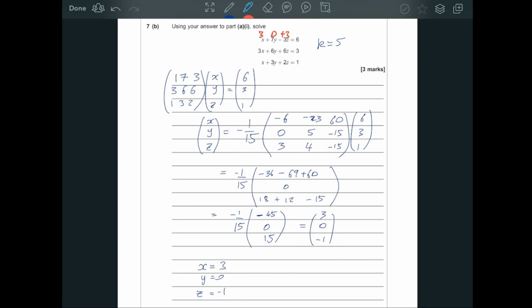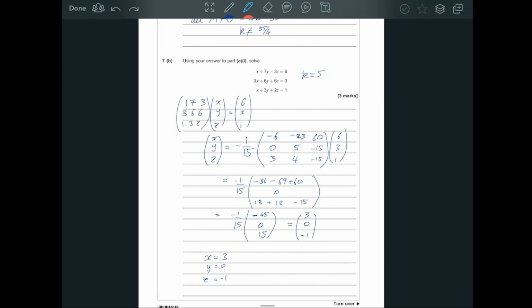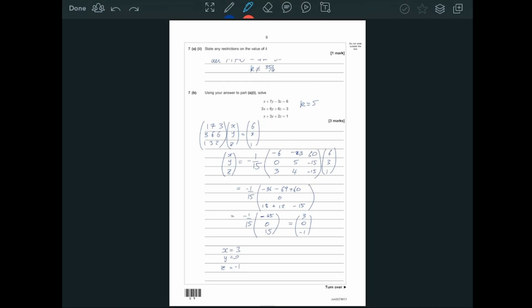So the top equation works. The middle equation, we have 9 minus 6, perfect. And the final equation, we've got 3 plus 2 lots of minus 1, which is 1, perfect. And that's a beautiful thing about simultaneous equations. If they work in the originals, you must have got the answer perfect.